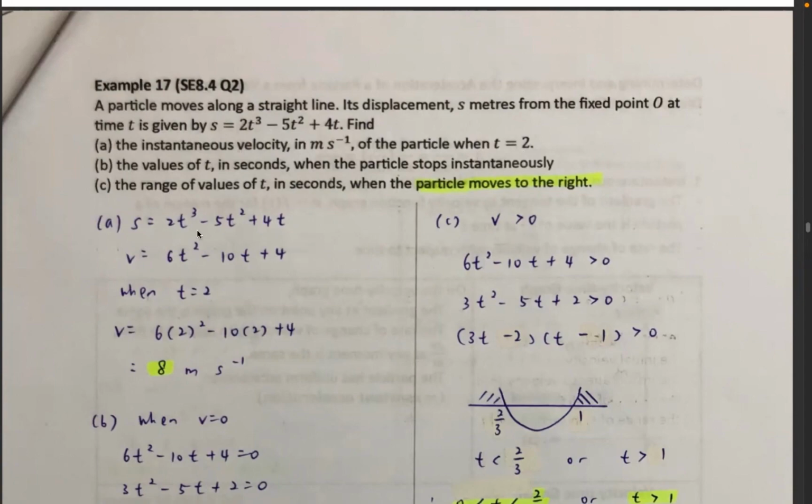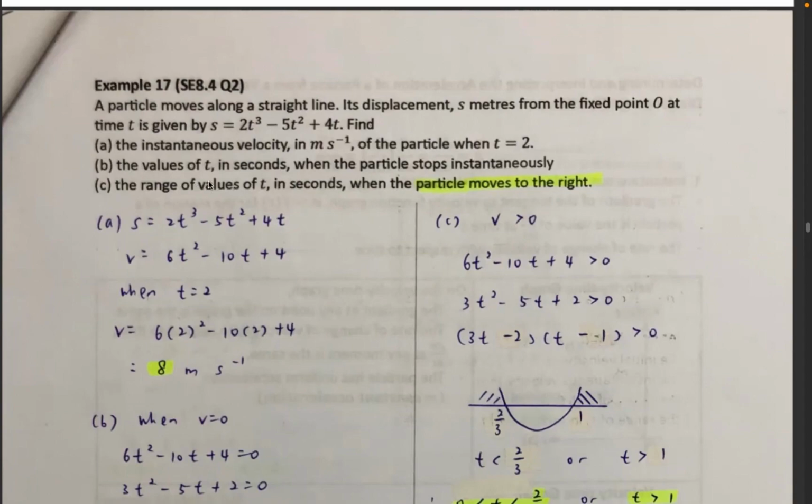So differentiate 2t power 3, we have 6t squared. Differentiate negative 5t squared, we have negative 10t. Differentiate 4t, answer 4. When t equals 2, we substitute t equals 2 into the velocity function. Then we have the answer, instantaneous velocity is 8 meters per second.